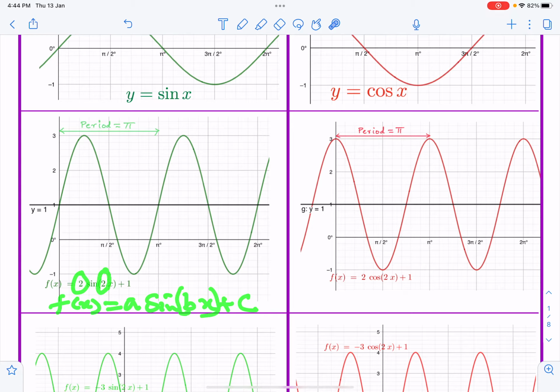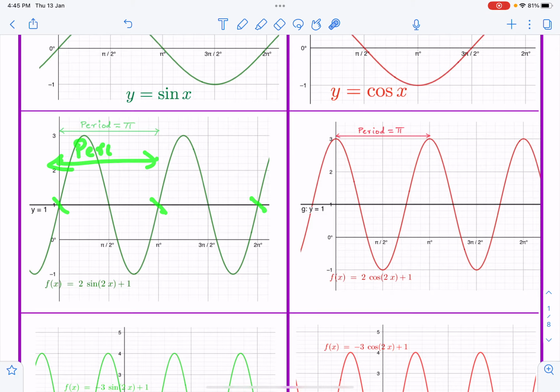the horizontal compression, or you can call it a stretch of scale factor 1 by 2, so that its one period is from 0 to pi. Then the second period is from pi to 2 pi. So now this graph has a period of pi only. Why? It is because of the 2x inside the angle.